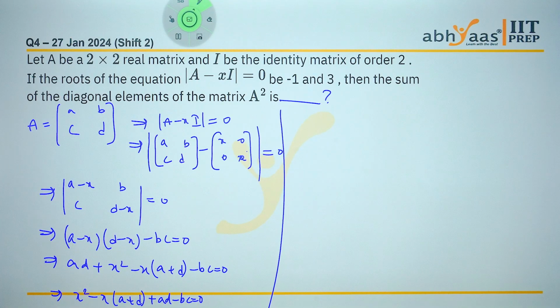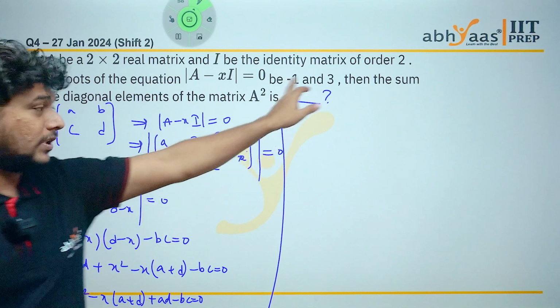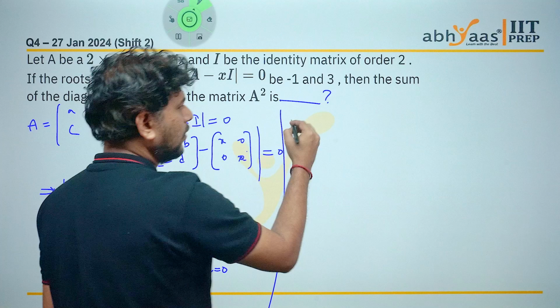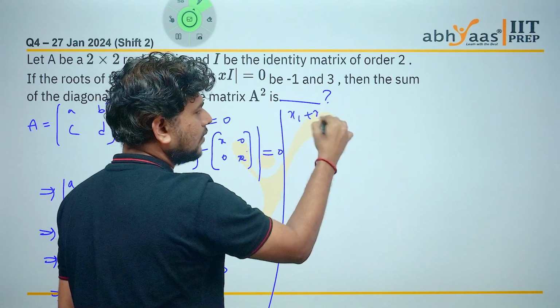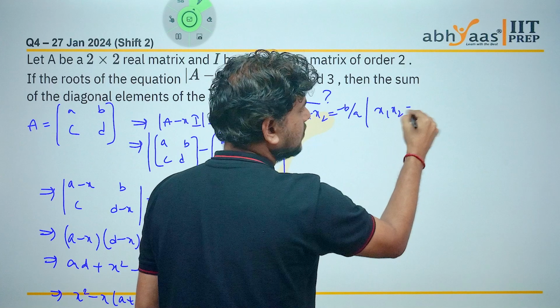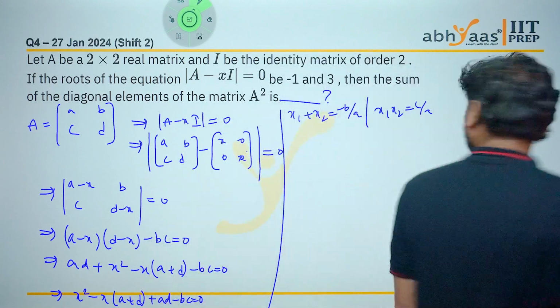So this is in the form of ax square plus bx plus c equal to 0. So whenever a quadratic equation is given and the roots are given, we know the sum of the roots x1 plus x2 equals minus b by a, and product of roots x1 x2 equals c by a.